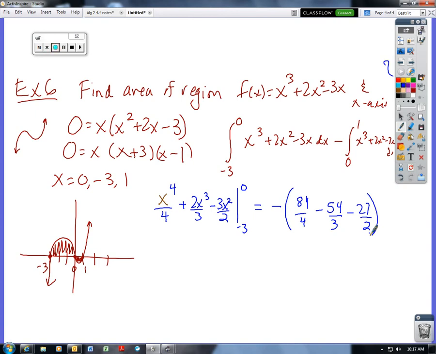I happen to notice, if I'd have to get a common denominator of 12, but if you look here, 54 divided by 3. 3 goes into 54 because 6 goes into 54. So 54 divided by 3 is 18. I'll admit I am using my calculator to do this simple math. 81 fourths minus 18 minus 27 halves. I am doing this the slow way, like by hand. I know it's tedious. Now we can get a common denominator of 4.